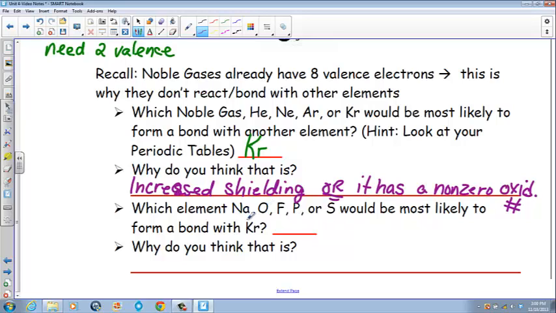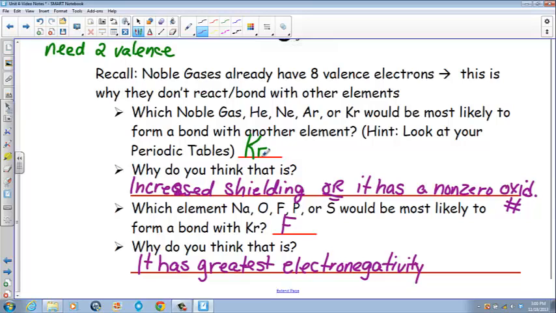So which one's going to form a bond with krypton? The answer is going to be fluorine, being the most reactive nonmetal, and this is because it has the greatest electronegativity, or ability to gain an electron.